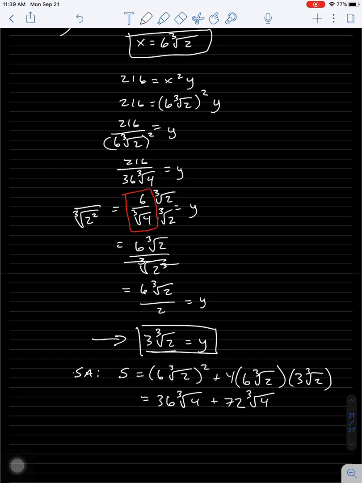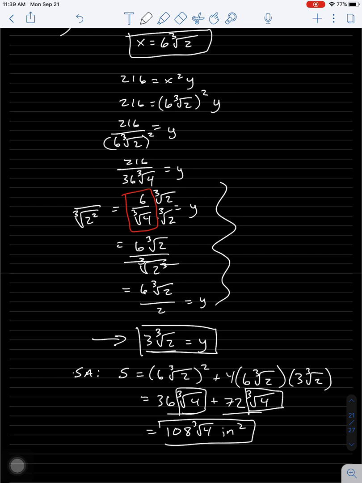And then again, this is all multiplication and division. So multiplication powers just distribute in. Unlike roots combine in addition and subtraction, they don't. They have to be exactly the same. So cube root of 4, cube root of 4, that takes the place of your variable. You add just like you would x's. This ends up being 108 times the cube root of 4 inches squared because it's surface area.